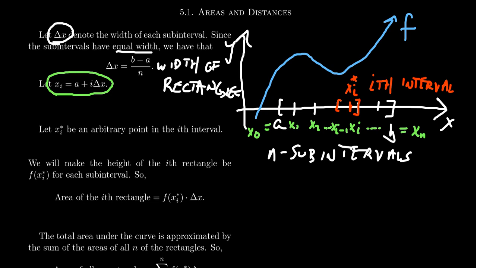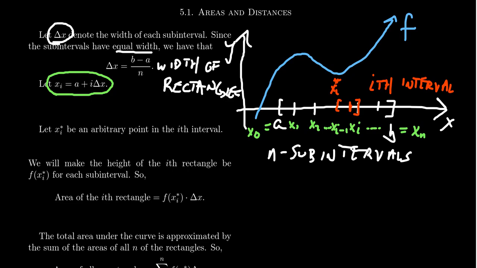Now, what are we choosing this number for? We're choosing this number xi star because xi star, as a representative of its hometown, the ith interval, is going to determine the height of the rectangle, because the rectangle has to have a height. We know its width already.